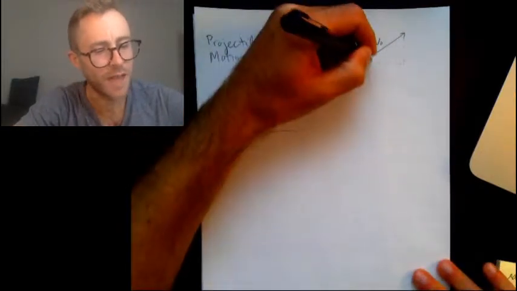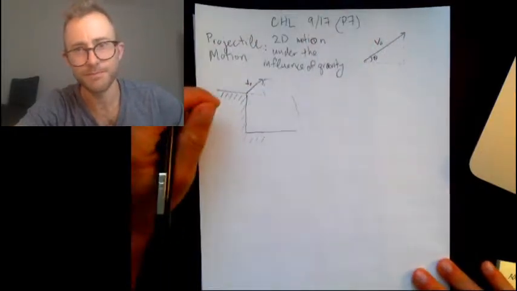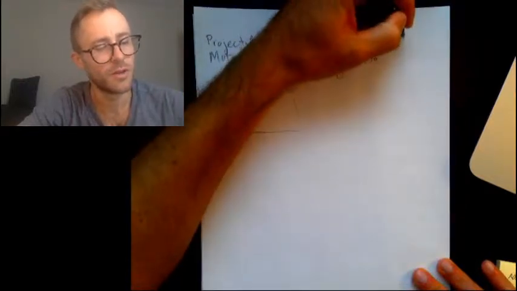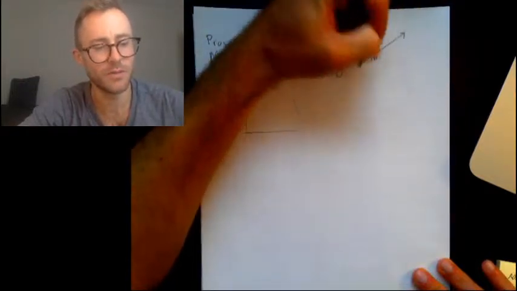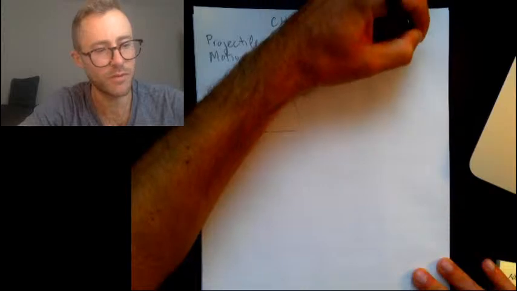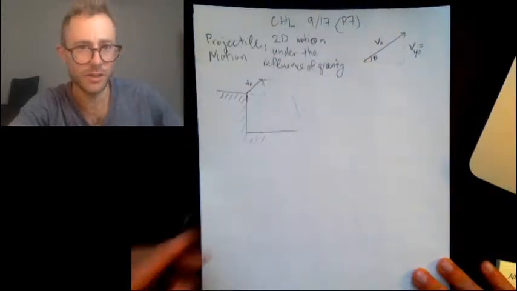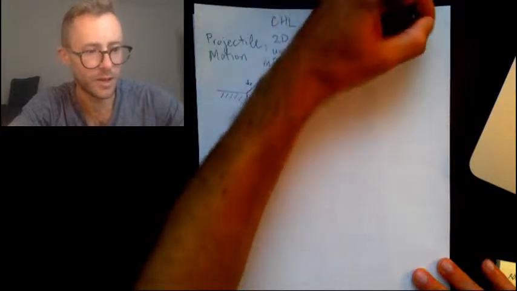So we have to give the angle of launch, theta. And the vertical component of the initial velocity I will call v y naught. Numerically, it is equal to v naught sine theta.